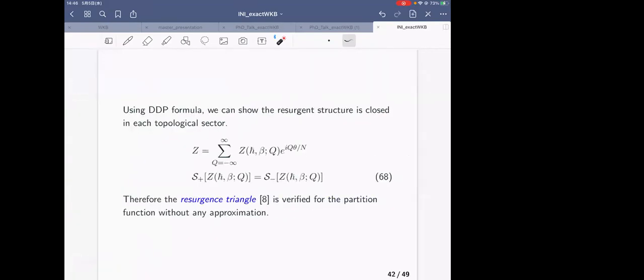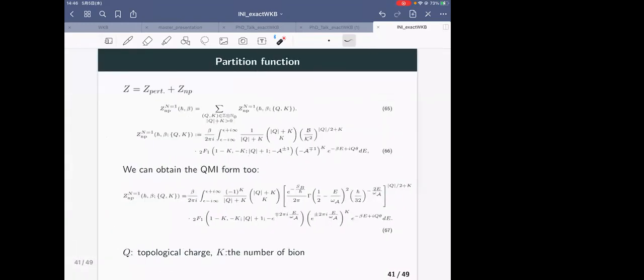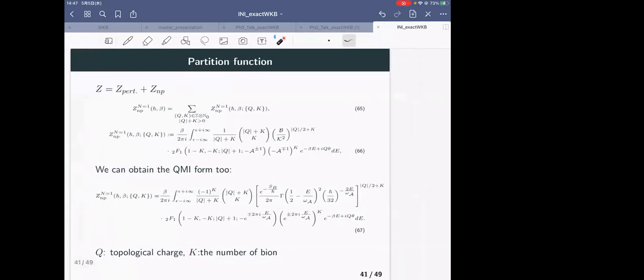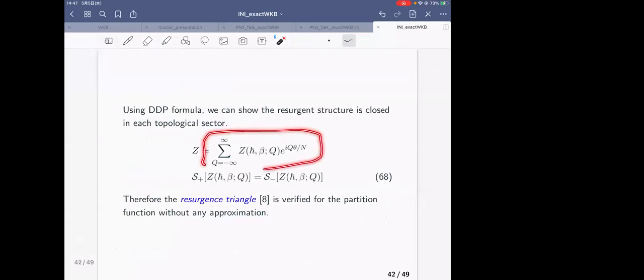And using the DDP formula, we can show the resurgent structure is closed in each topological sector. I mean, this partition function is given by the summation over Q and K. And after summing up all K, then we get this form. Then using the DDP formula, we can show this quantity has no Borel ambiguity.